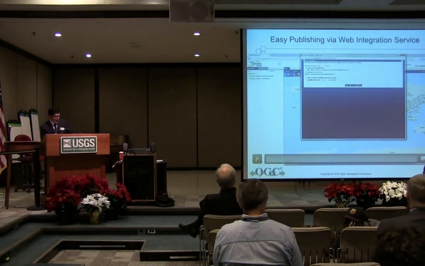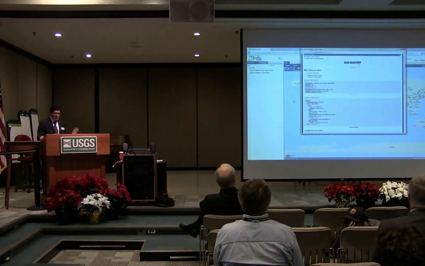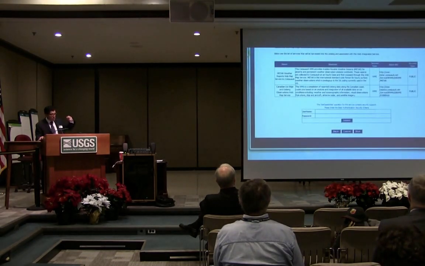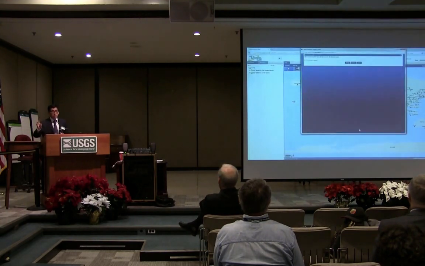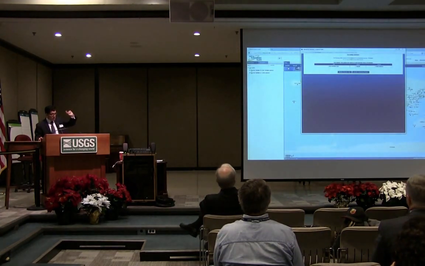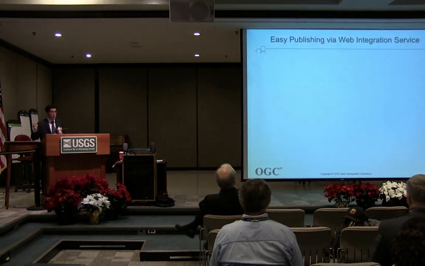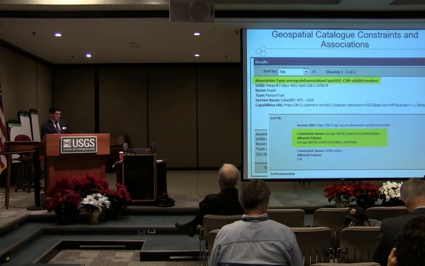The Web Integration Service allows service providers to easily publish a list of services from one capabilities document. So if you remember, in the past every type of service had a capabilities document that needed to be registered. Now there is only one, called the Web Integration Service capabilities document, where you can go to a catalog-like user interface and register that document, making it easier for the folks that are providing the data.